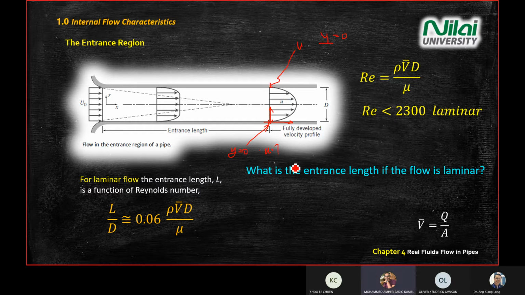Not sure, sir. So Y equals 0, right? At Y equals 0 here, why is the velocity 0 at the wall? Why is the flow velocity 0 here?